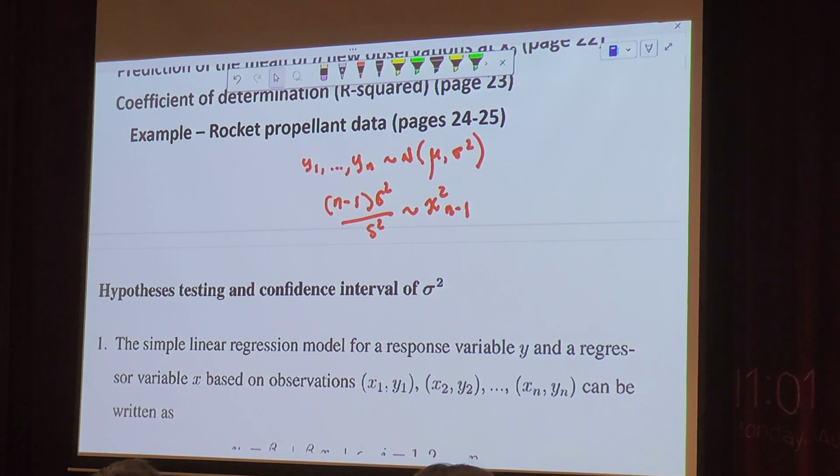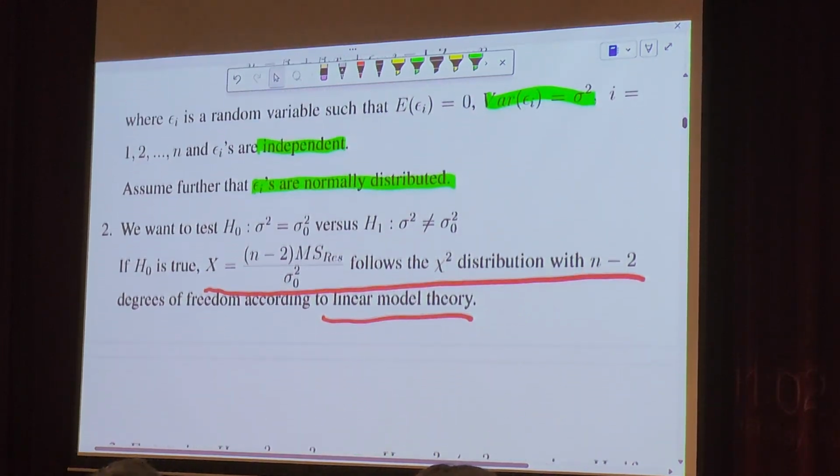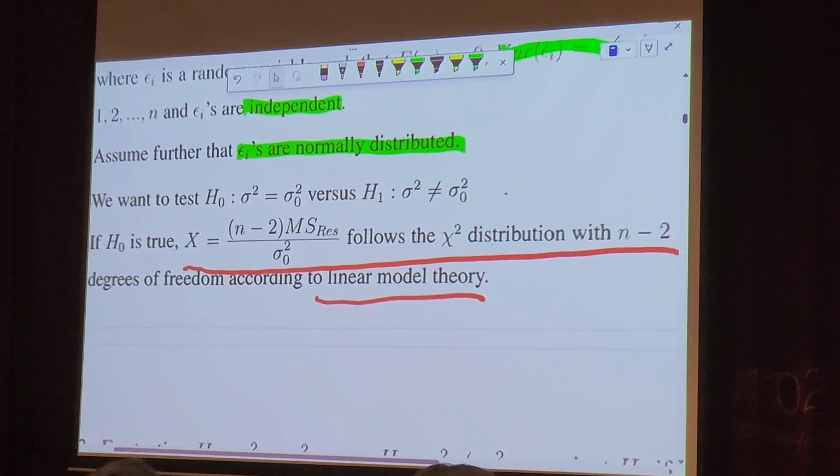When I taught ST131, I showed the students this equation. Here we have a different model. Instead of a simple normal population, we have a simple linear regression model. And so the expressions, although they look similar, are slightly different, as you can see.